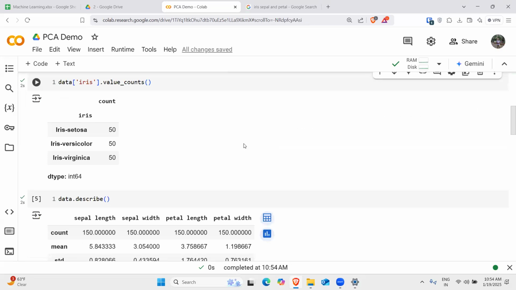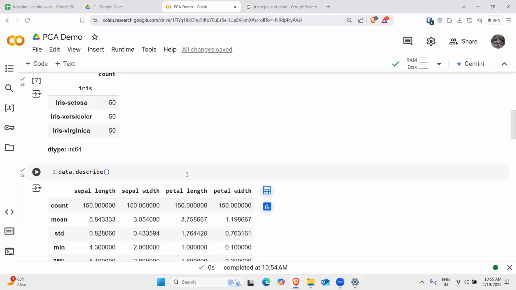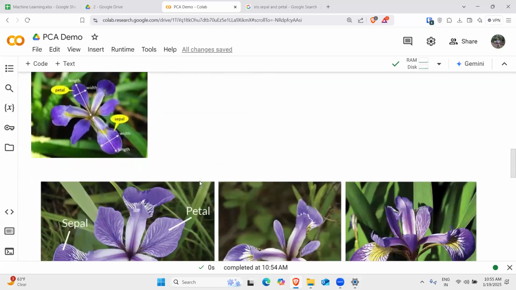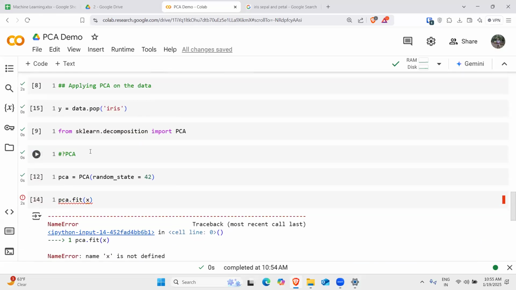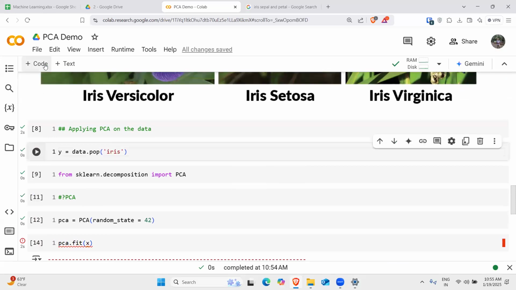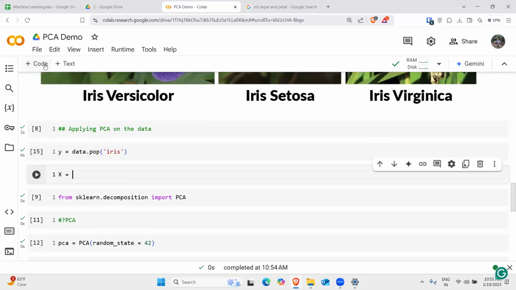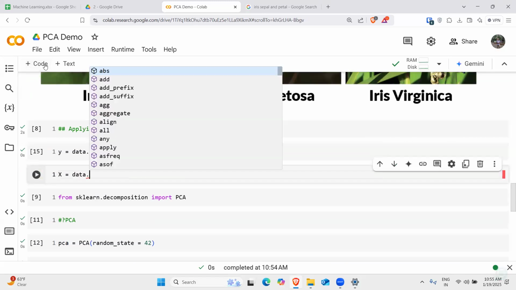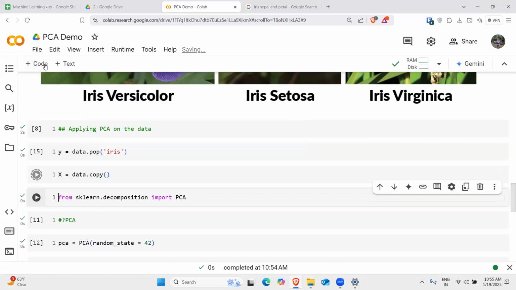Now, see over here. We will put data into X and Y, right? So Y is there. Capital X is data.copy.